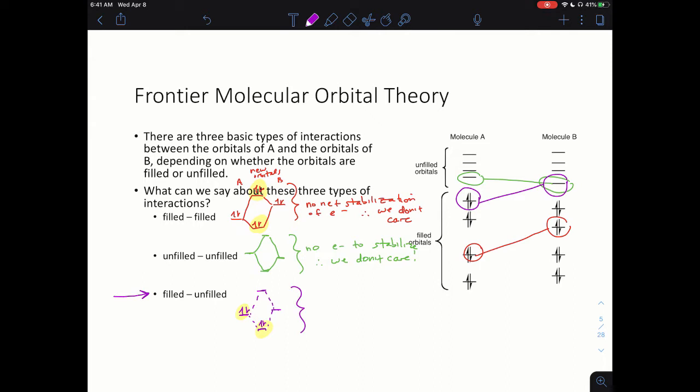So what have we seen here? Aha, electrons have been stabilized. So this is the interaction that we care about. And they've been stabilized by this difference in energy. So this is awesome. This is the interaction we care about. So we care about the filled, unfilled interactions.